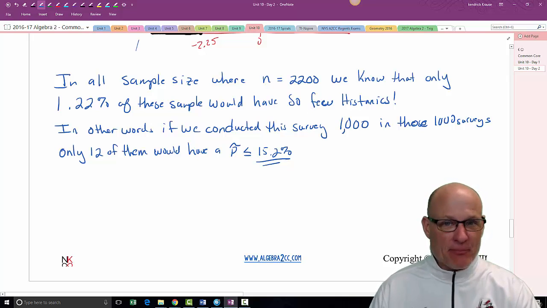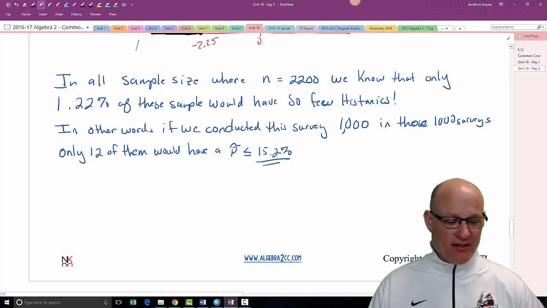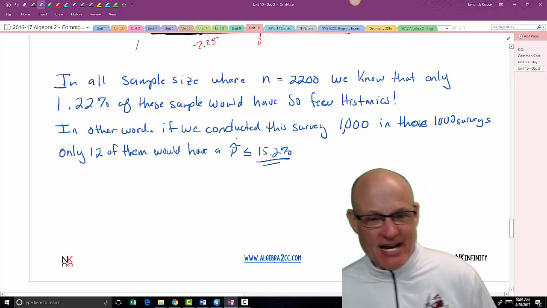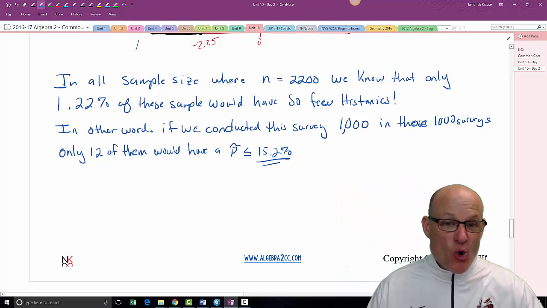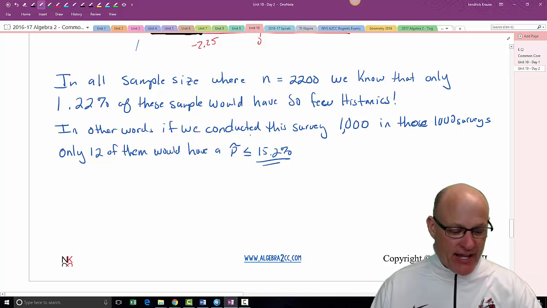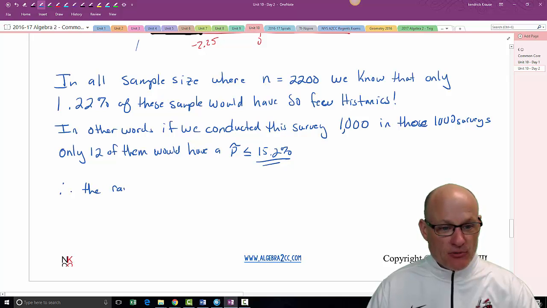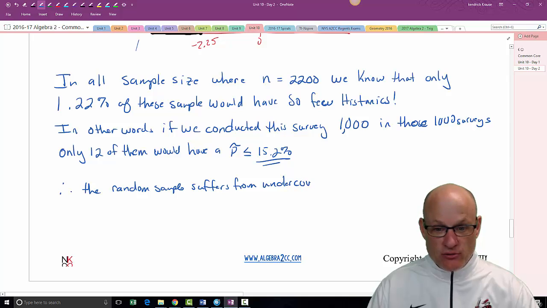So, can this happen by chance? Well, if it only happens 1.2% of the time, would you say that's by chance or by design? I would say that's by design. So therefore, the random sample suffers from undercoverage bias.